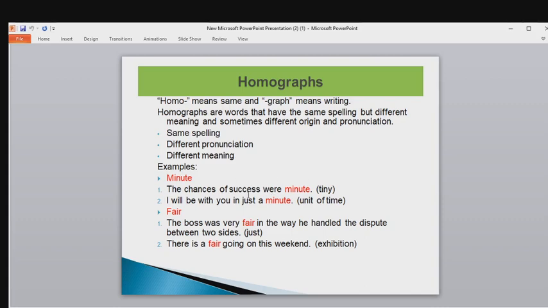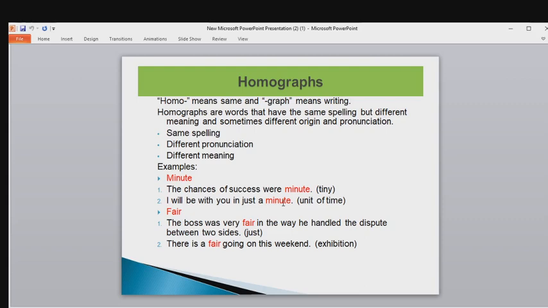I will be with you in just a minute. So minute here is a unit of time. What we can see here is that this word has the same spelling. We write it in the same manner, but its pronunciation can be different, and at the same time the meaning will also be different.